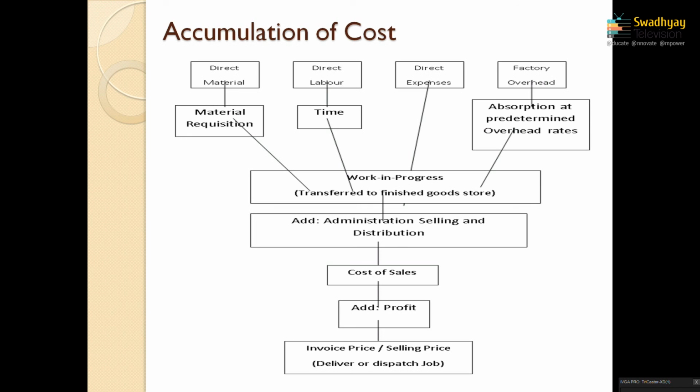Then the amount of factory expenditures incurred for the respective job would be added to the prime cost. It would be the factory cost or work cost. After you identify the factory cost or work cost, as work in progress has been mentioned, work in progress means the work is still going on.